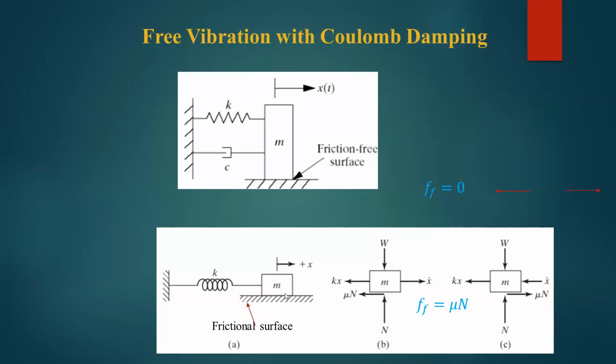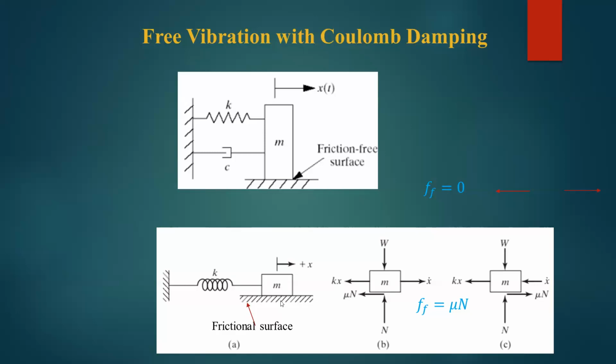That is related to the friction surface, which will produce a frictional force in the direction opposite to the motion. That friction force is equal to mu times N, where N is the normal force. The weight is there due to the gravitational effect.